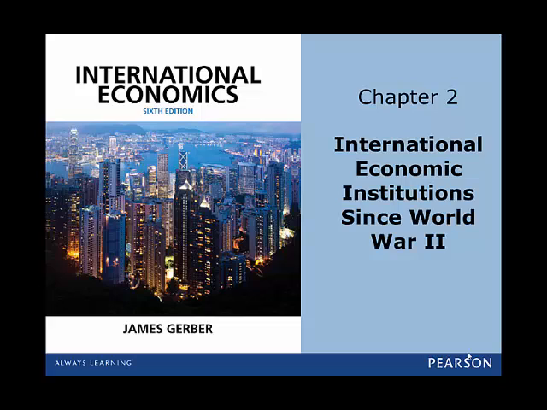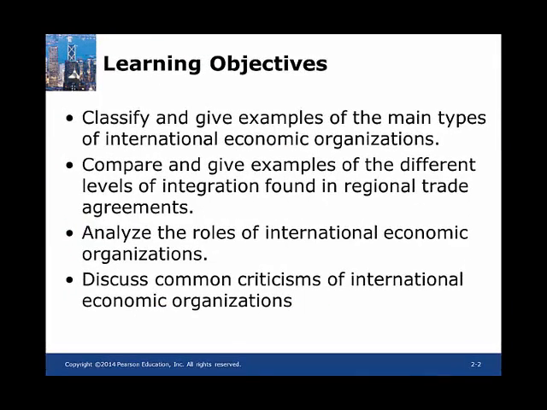I'm going to teach you Chapter 2. Chapter 2 is on international economic institutions since World War II. After studying this chapter, you will be able to classify and give examples of the main types of international economic organizations.